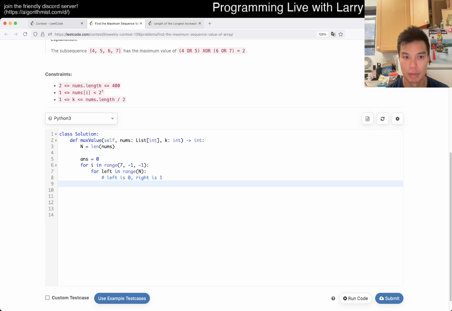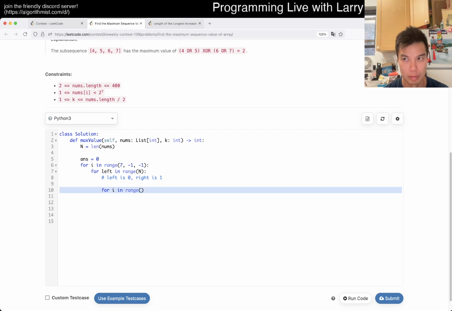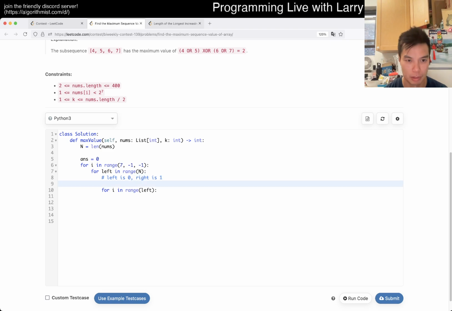And square, so maybe that's fine. If left is 0, that means that all the numbers have to be 0. If right is 1, we can just choose all the numbers, right? Okay, fine.